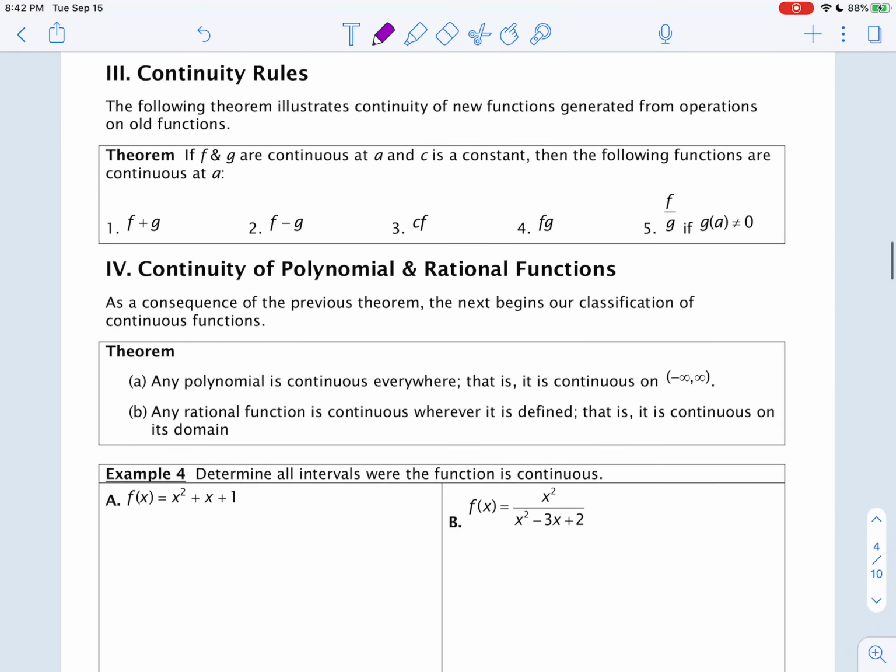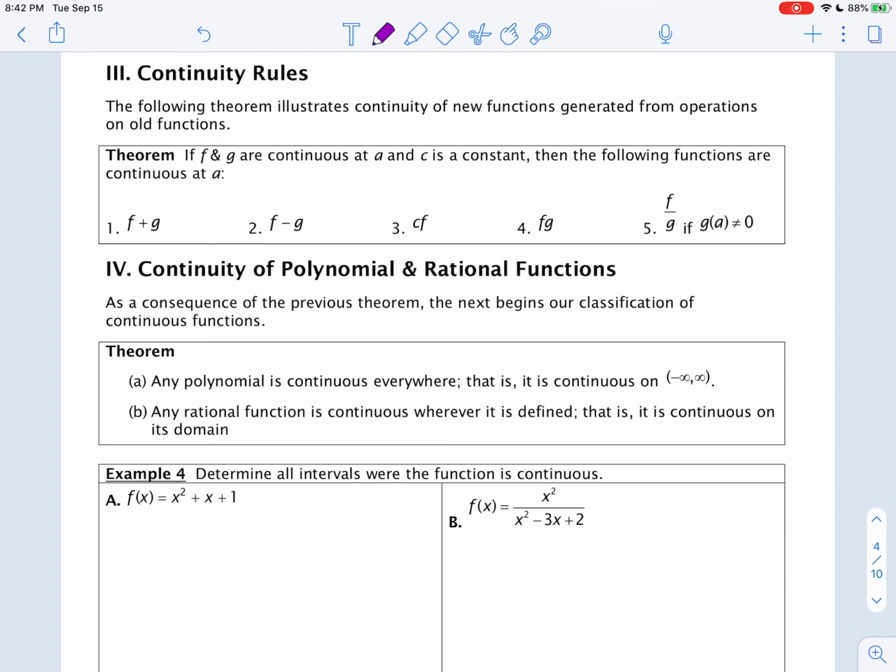Okay. We do want to skip ahead just for shortness of time to not make this video too long. The continuity rules are: if f is continuous and g is continuous, then f plus g is also going to be continuous. f minus g is going to be continuous, and a constant times that function is going to be continuous.